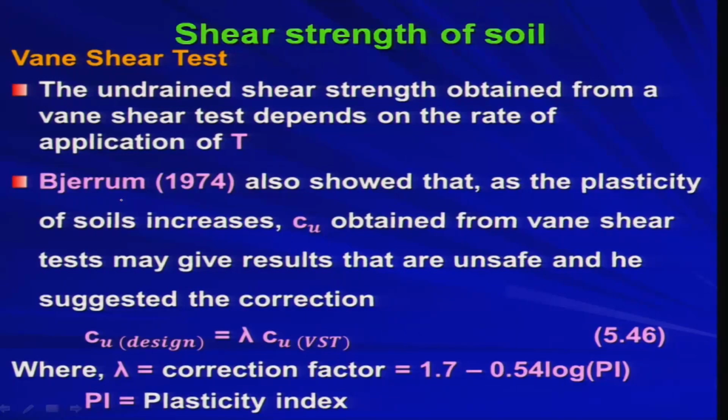The undrained shear strength obtained from a vane shear test depends on the rate of application of T, which I told you initially, that you are gradually applying the torque at some constant rate. This is very similar to the friction chapter you covered in 10+2 standard physics. If you try to push something on top of some surface, it depends on the rate also.